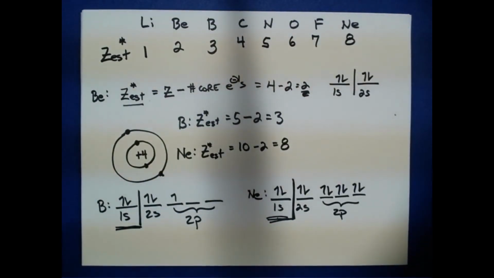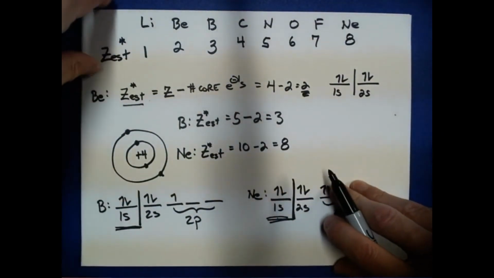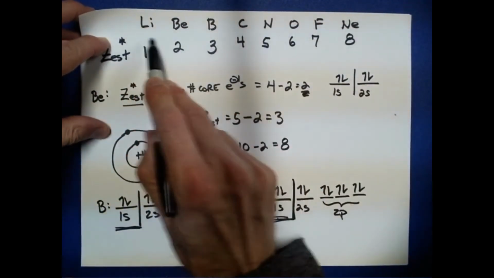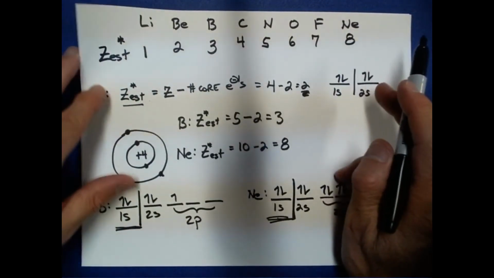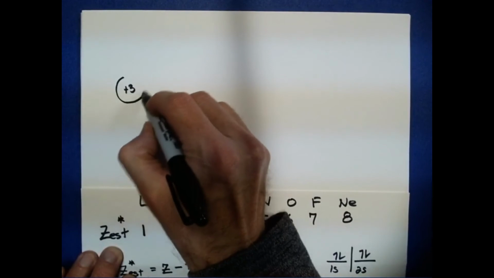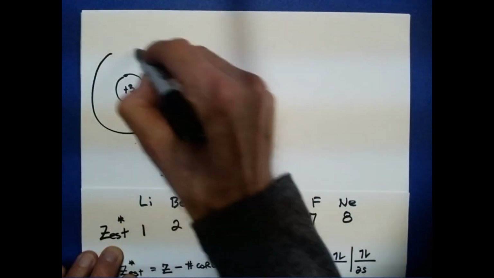Now, what's the big deal with this effective nuclear charge? Well, we can use it to predict what the relative sizes of these particular atoms are with respect to one another. So it'll work like this. If we imagine a lithium atom with a +3 nucleus, and it's got those 2 core electrons, and then it's got 1 electron out here.